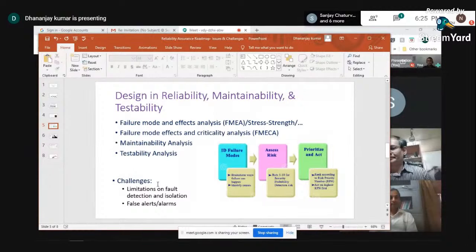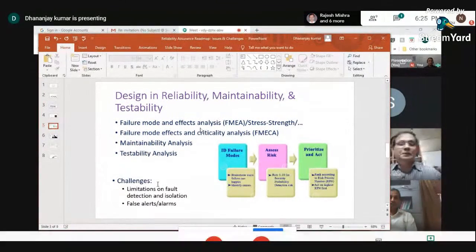And then the fourth one, that is very current, is testability analysis, where, based on our data collection capability or advancing technology, you want almost 95% of all the faults that are going to happen in the system to be captured before it happens. Or there should be a clear, visible display of which part of the system has failed. What we call fault isolation.